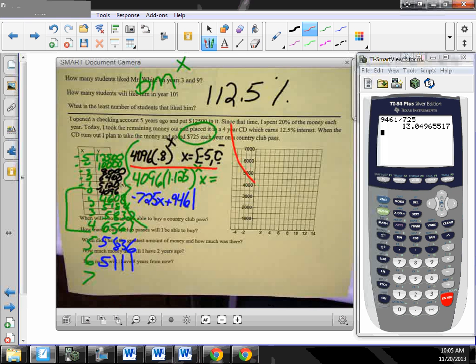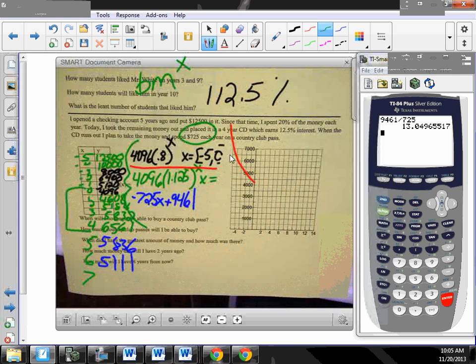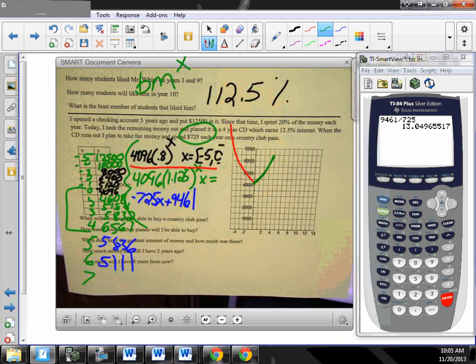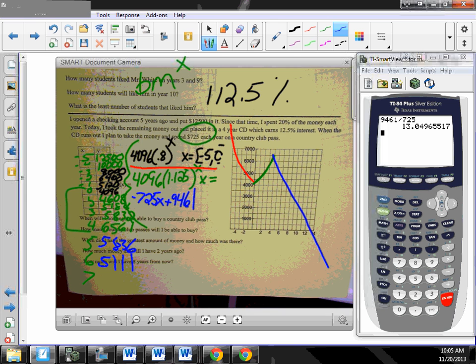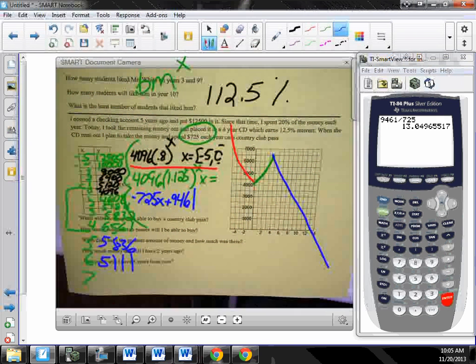So that's where I'm losing 20%. The second part of the graph, I'm going to be gaining a little bit until year 4, at which point I have 6,500. And then after that, it's going to be linear, and it's going to go down, and it's going to almost hit 13. It's going to cross the x-axis at 13.04.